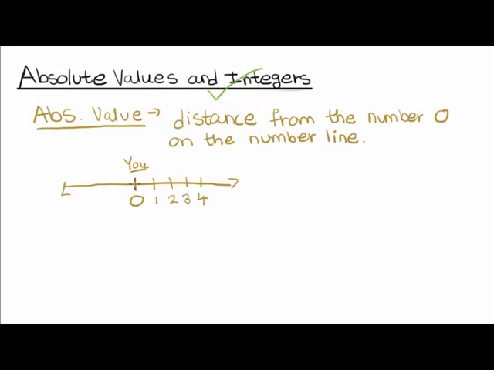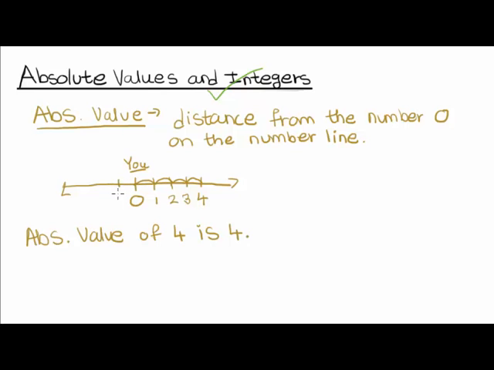So your starting point is 0, but your ending point is 4. Therefore, you will be taking 4 steps. You'll be going first step, second step, third step, fourth step. And so the absolute value of 4 is 4.